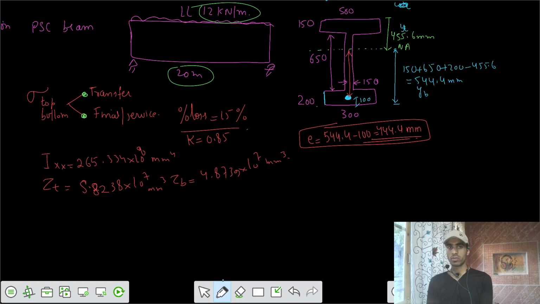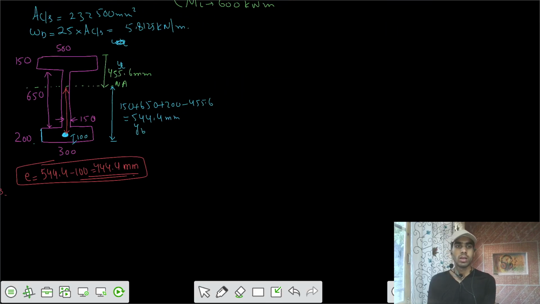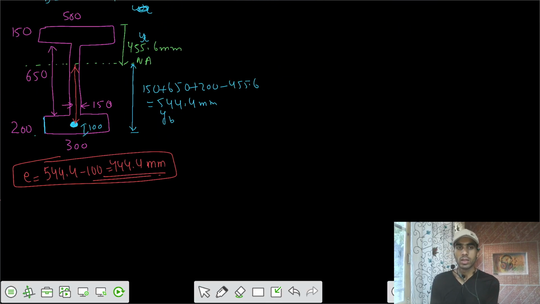We don't worry about that because we are taking a particular section of the beam, where we have eccentricity. Let's say we are calculating for the midspan. Okay, let's go for that now.